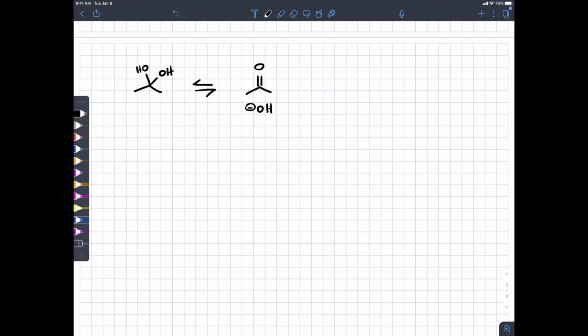And in fact, we have used the very, very small amount of enolate present in solution as a nucleophile, and also recognized that we can make the enol tautomer. Okay?